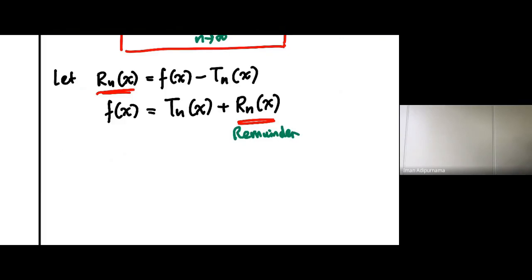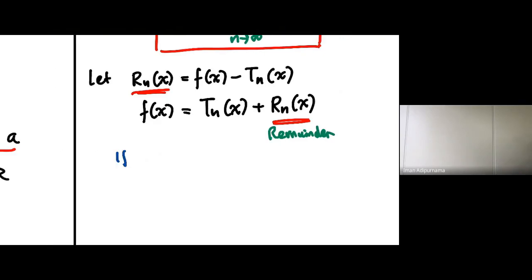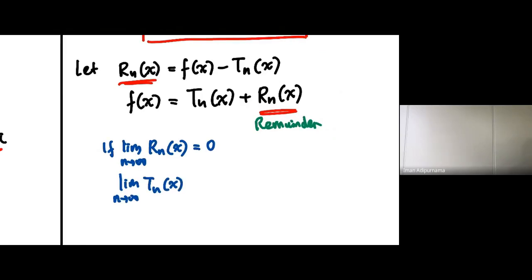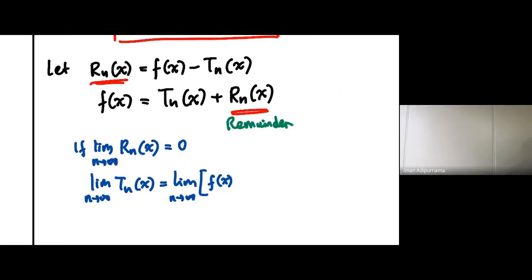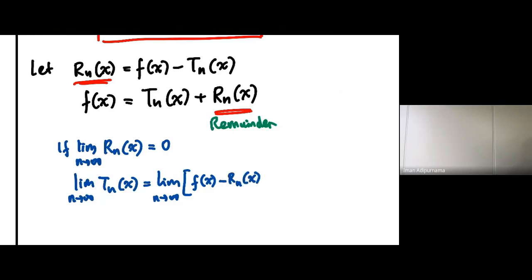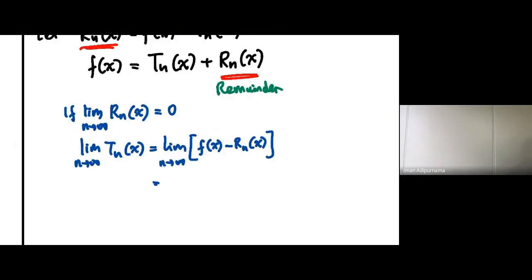Okay, so if we can prove or confirm that the limit of the remainder is equal to 0, then if we take the limit of the whole system here, this will be true.